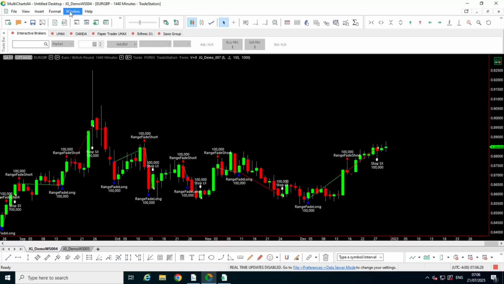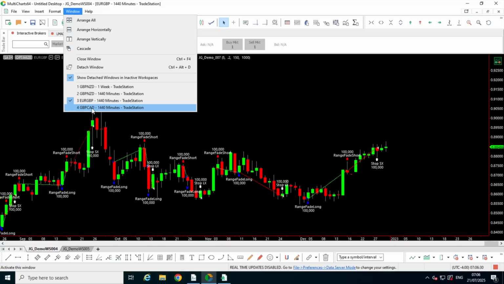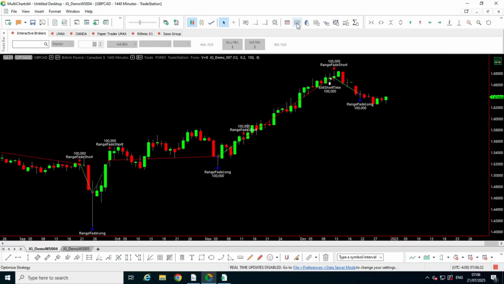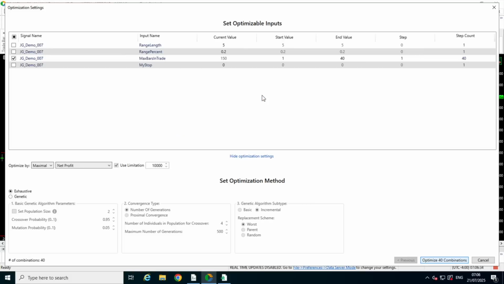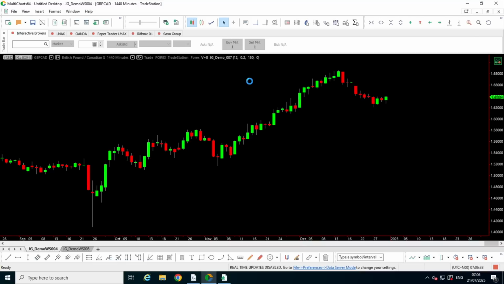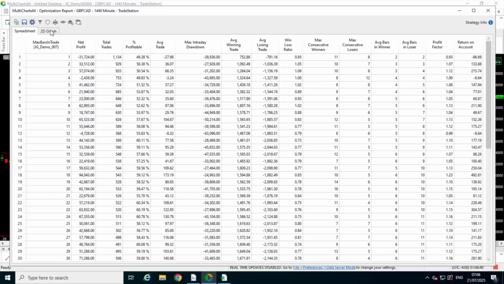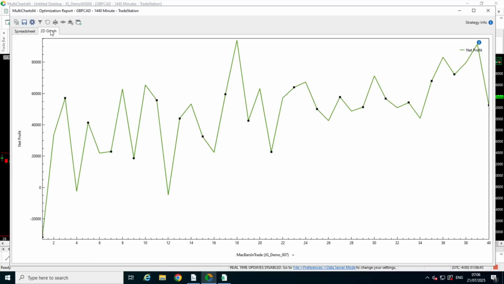Let's do the same for Pound Canadian. Run the same optimization. And a similar story. Basically, we're seeing that the longer we stay in the trade, the more money we're making. These early figures do slightly concern me actually.